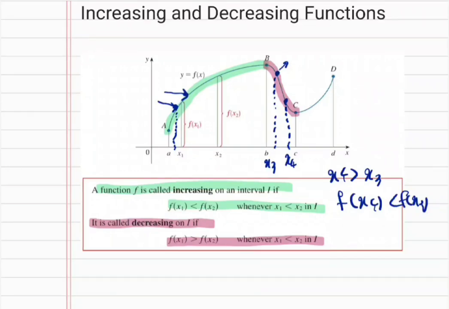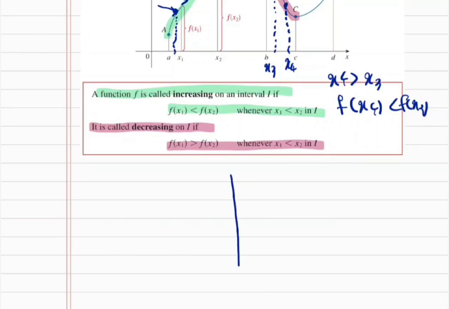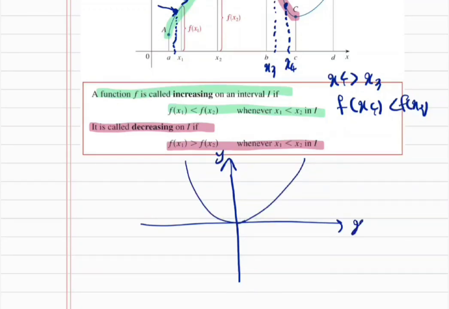And just to give you an example, to understand one last thing before I finish this video, consider this graph, which we are very familiar with. That's the quadratic function. You can't say this is a decreasing or increasing function, because it's neither of them.